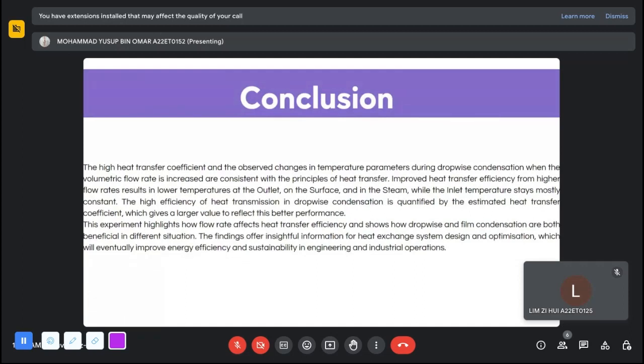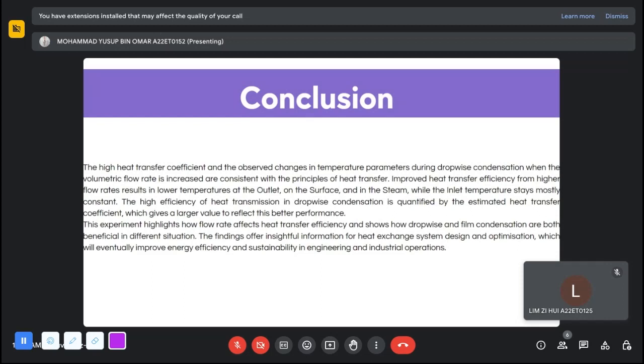So the conclusion is that the heat transfer coefficient and the observed changes in the temperature parameters during dropwise condensation when the volumetric flow rate is increased are consistent with the principle of heat transfer.